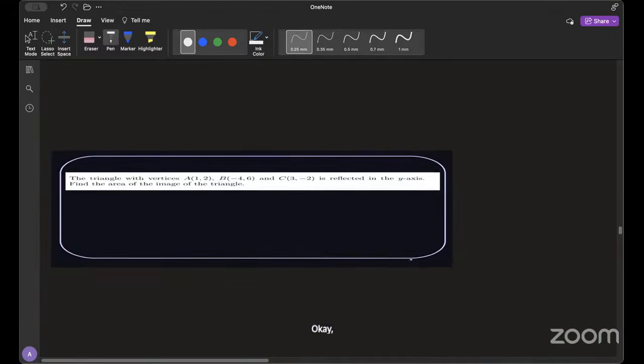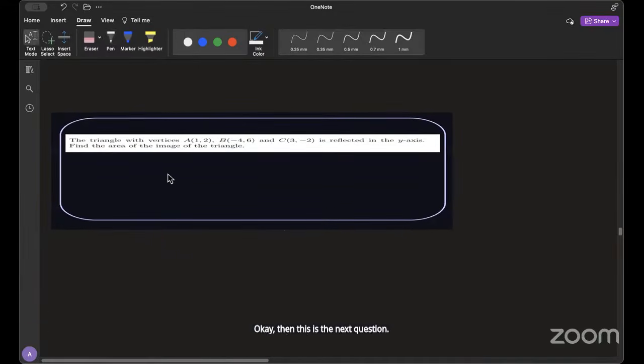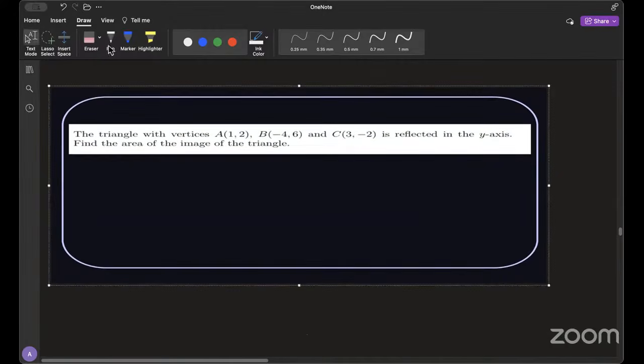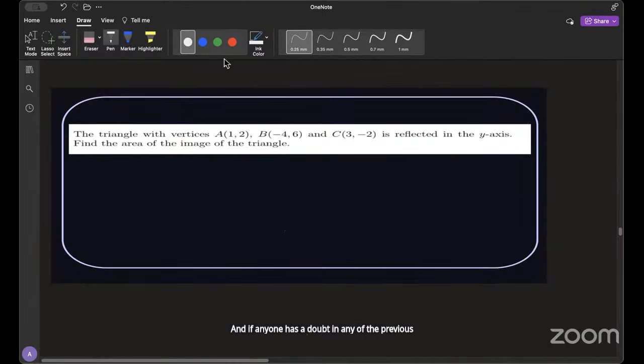Okay, then this is the next question. Does anyone have any doubt in the previous question? This is the next question. Give this question a try. And if anyone has a doubt in any of the previous questions, we can discuss that.